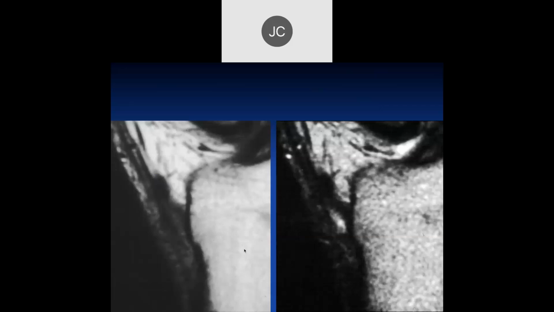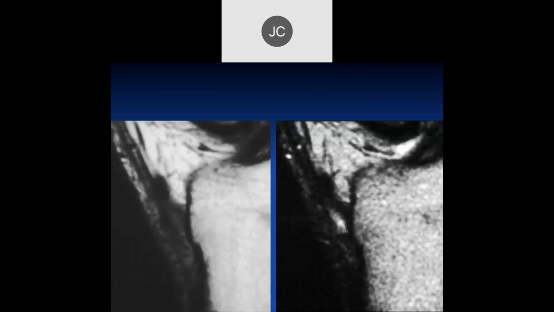Okay, so we see thickening of the distal patellar tendon. We have what looks like bone signal. This is probably fluid. This is a T2 weighted image. The bone looks pretty normal here. So if it's fluid, maybe a partial tear.